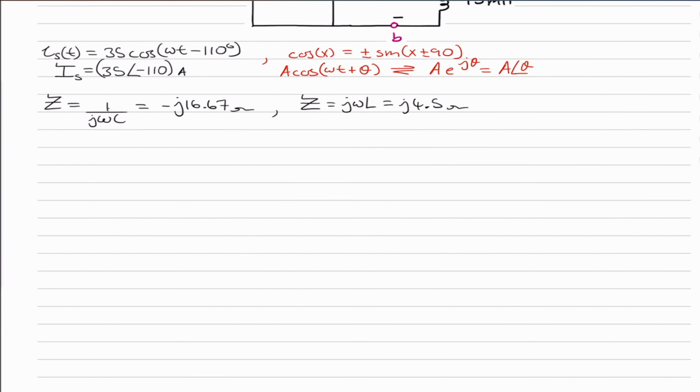So after we transform our source, we then get a source Vs in series with our resistor Rs, which is equal to our resistor R. And we have an equivalent impedance, and let's call that Z capital EQ.